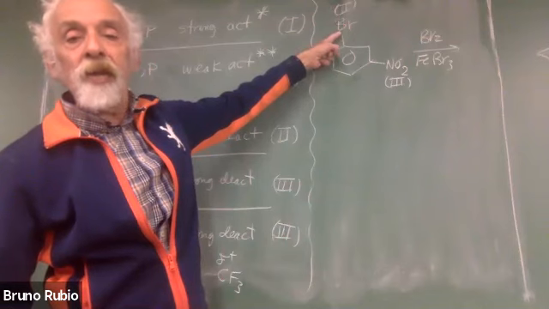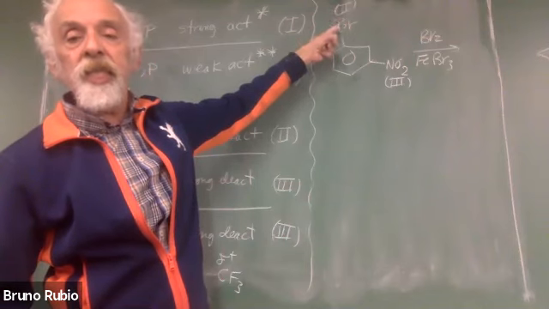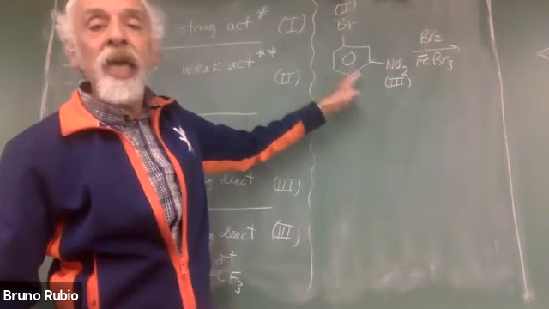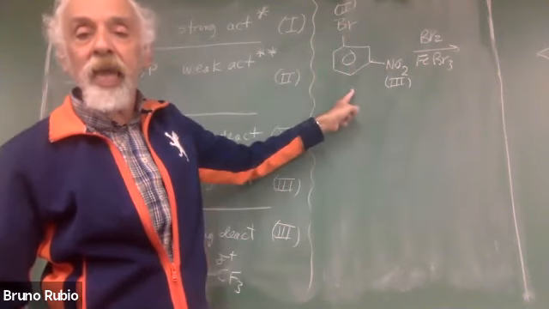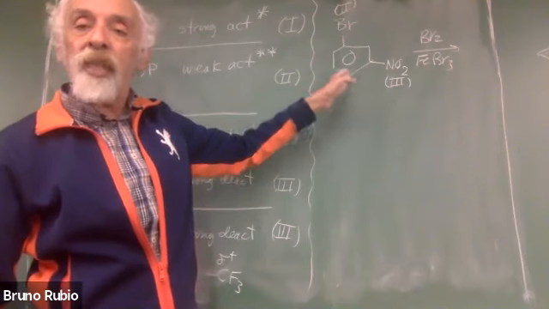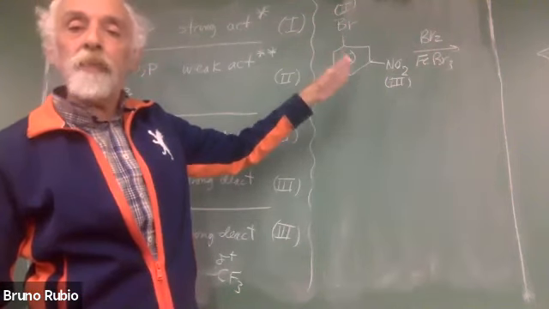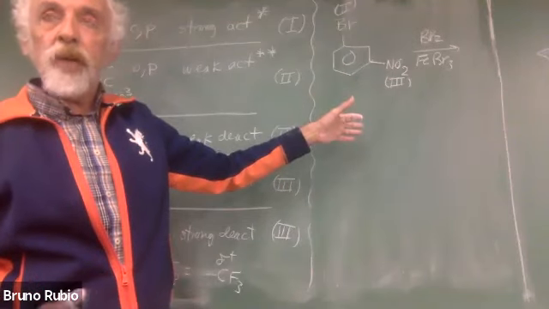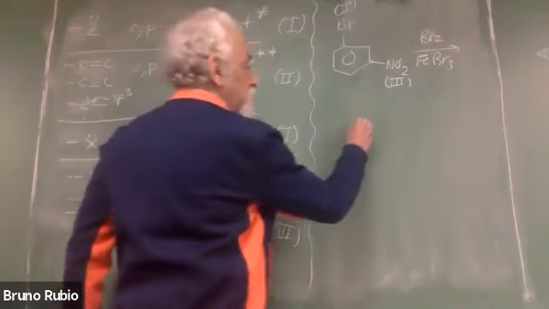Br, as an ortho-para director, is saying send the new substituent ortho to where I am and para to where I am. But as we just saw, whenever we're dealing with an ortho-para director, most of the time the para substitution product is the major product.